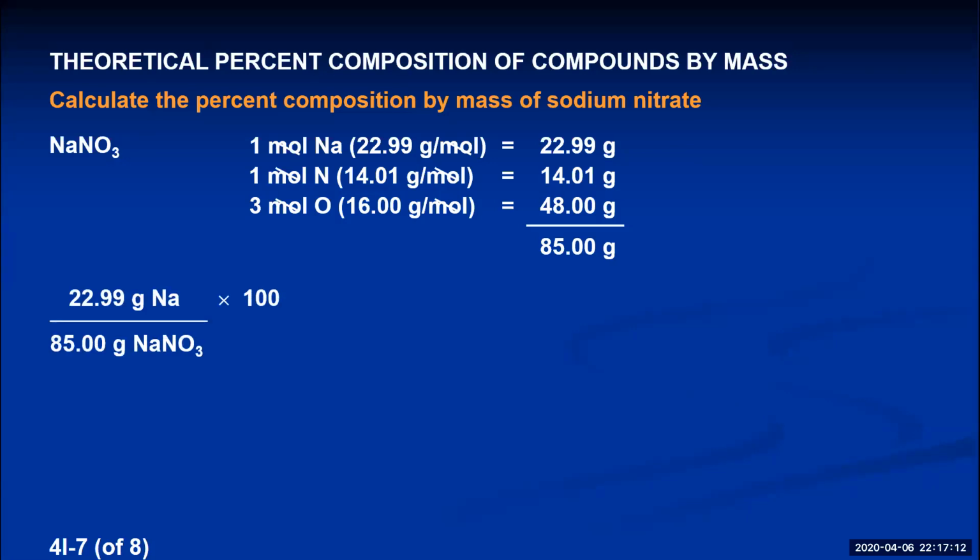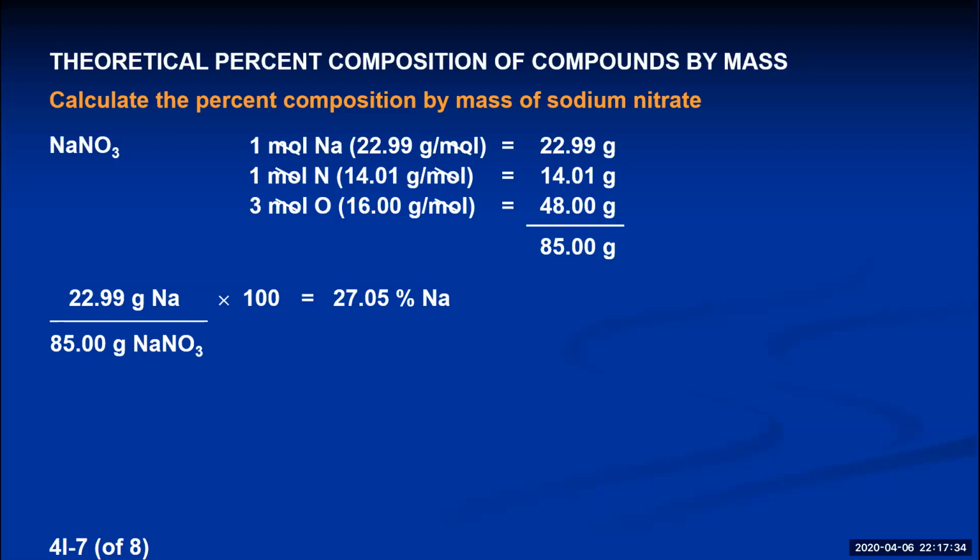So we calculate the percent by mass of sodium by going the total mass of sodium in 1 mole of the compound divided by the mass of 1 mole of the compound, which is its molar mass, multiplied by 100. They're both 4 significant figure numbers. That comes out 27.05%.